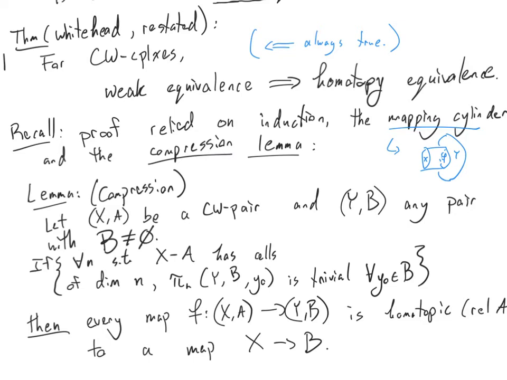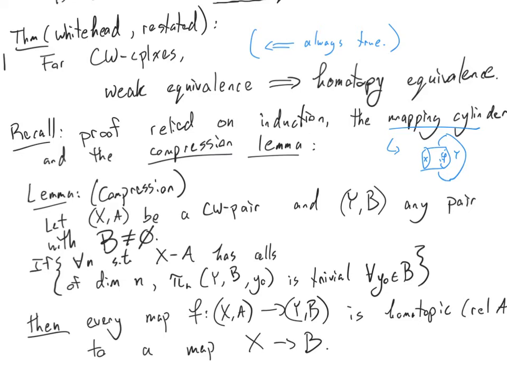So we used this compression lemma and a kind of complicated inductive argument to make sense of the Whitehead theorem. I emphasize that if you understand the proof for when the map f is cellular, that's essentially the proof that matters, and the compression lemma is just used once there.